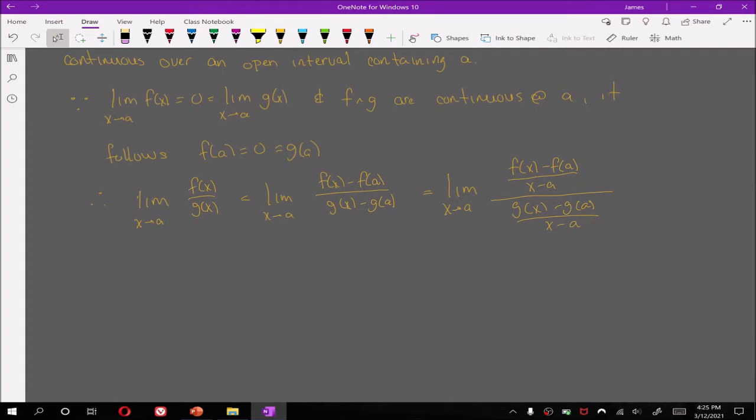Now we can use the quotient rule for limits, which says this is the limit as x approaches a of f of x minus f of a over x minus a divided by the limit as x approaches a of g of x minus g of a over x minus a. However, that is precisely f prime of a over g prime of a.